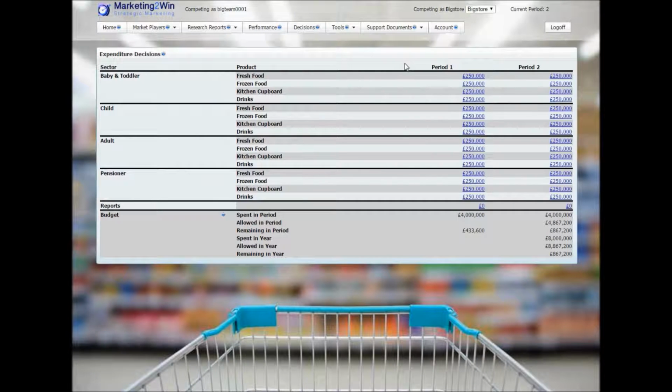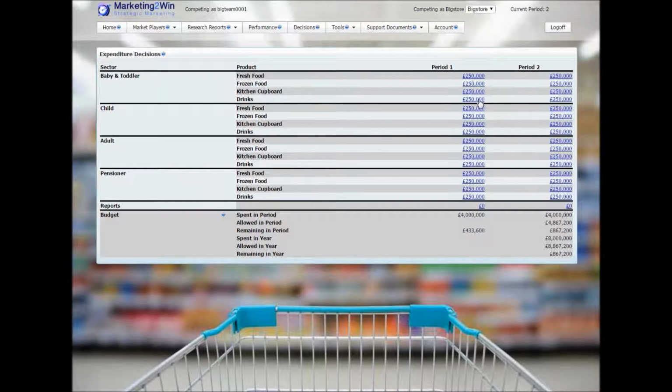There it is. So we can see, for example, that we have 16 different segments down here. And you can see here that £250,000 was spent in each of those segments. That's the marketing budget that was spent in each of those segments in period 1, combining up to a total of £4 million.